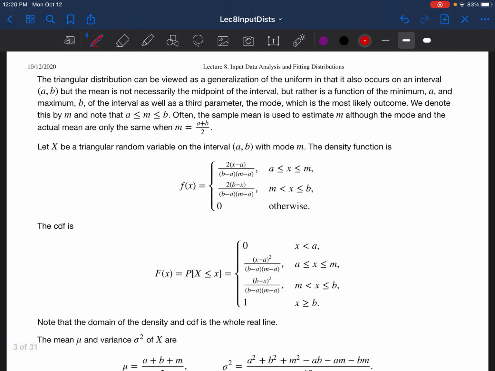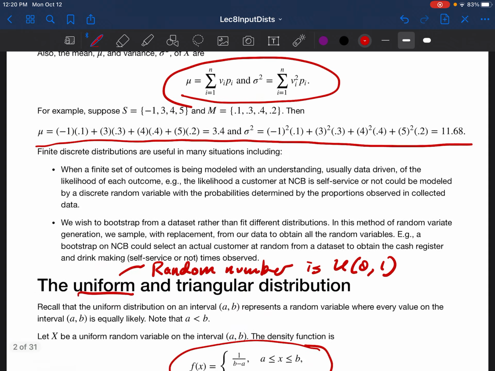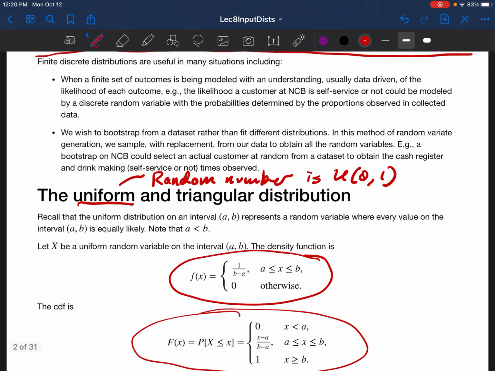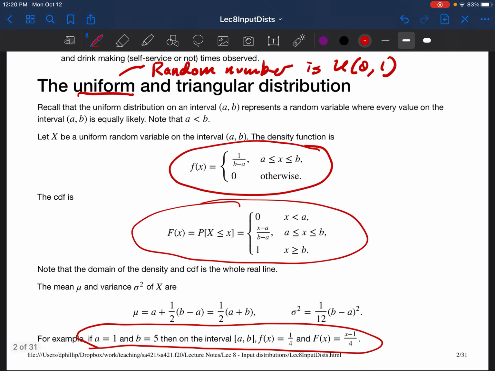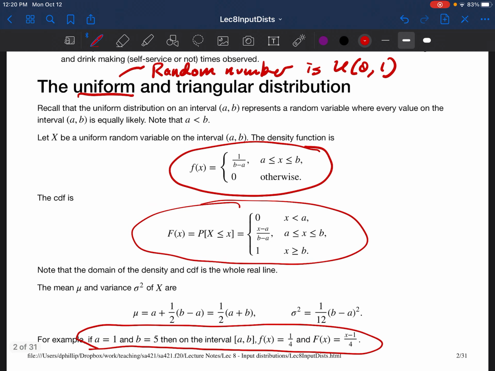The triangular can be viewed as a generalization of the uniform. If you look back at this mean, it is the midpoint of the interval, which makes sense. If you take a uniform distribution and everything's equally likely on an interval, then the midpoint will be the mean.